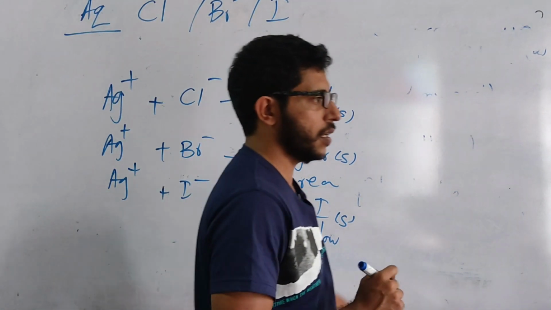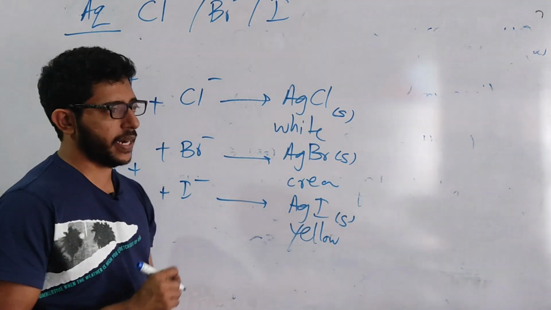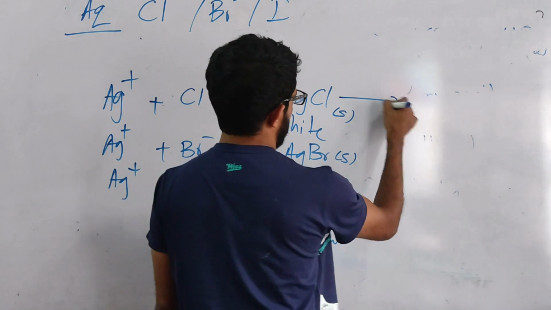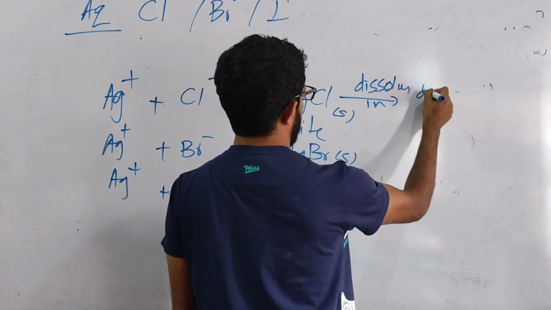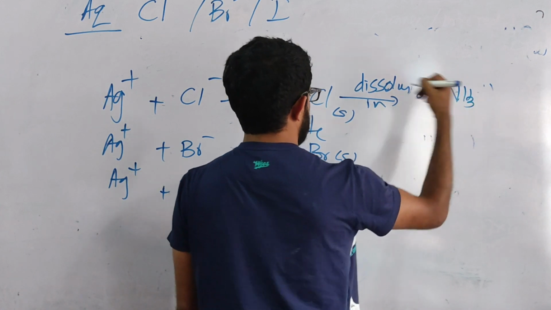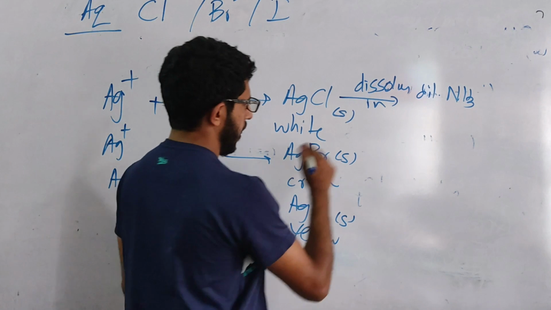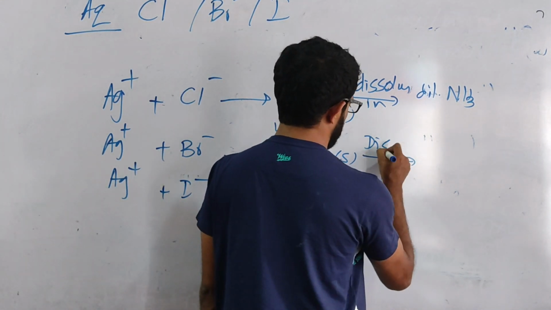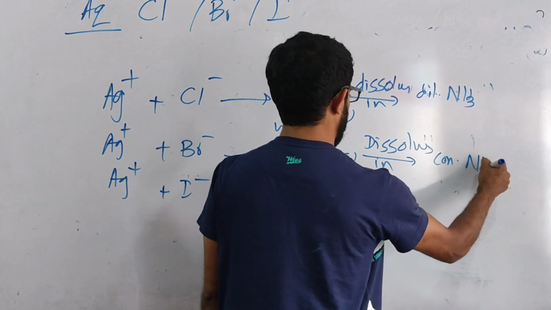So it gives a white precipitate, cream precipitate and yellow precipitate. AgCl dissolves in dilute ammonia. Silver chloride completely dissolves in dilute ammonia. AgBr dissolves in concentrated ammonia.